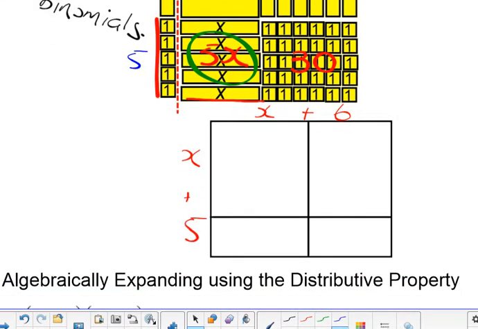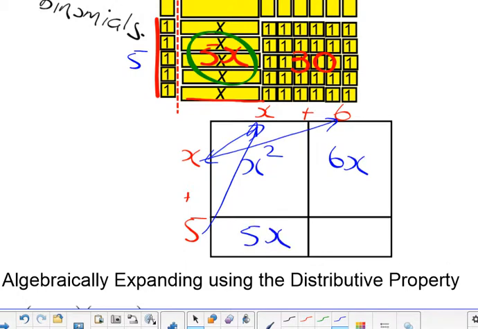Now, if we multiply here, there we've got our x squared, don't we? And then we've got the x times the 6, so we've got 6x in there. We've got the 5 times the x there. And then the very last one, of course, is 5 times 6, which is 30.